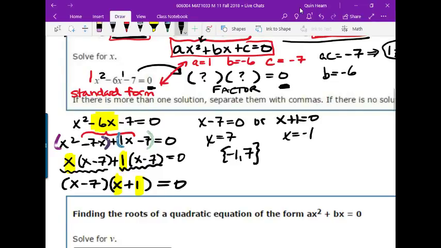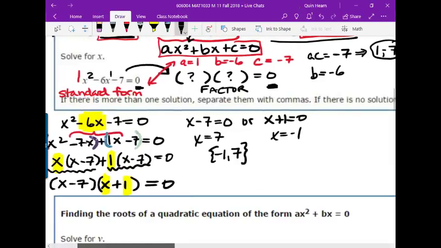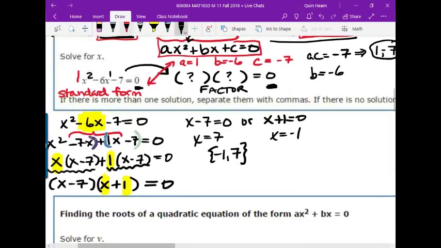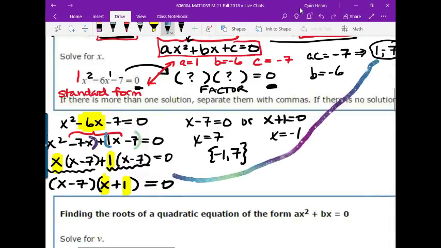Okay, so I said there's a shortcut. Because the leading coefficient of this particular problem was a 1, you might or might not have noticed that this pair of numbers that we got, 1 and negative 7, were the numbers that we used to factor down here.